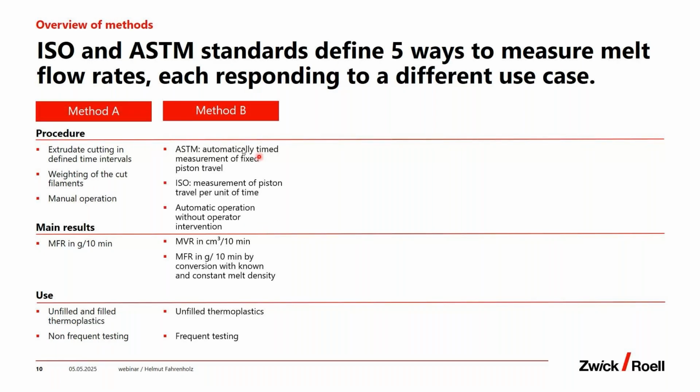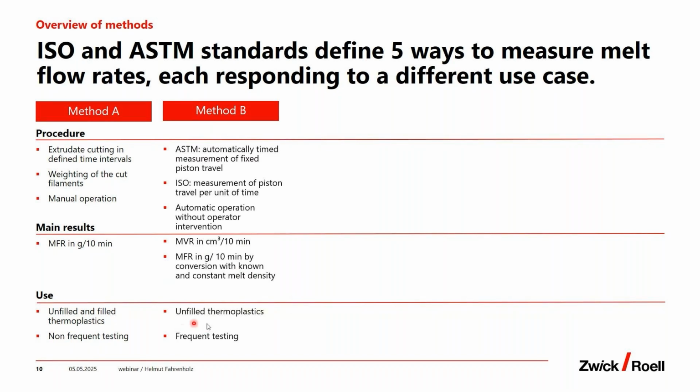And here the big advantage in method B is that the operator can start the machine and the machine can do everything until the end of the test. That means the operator just comes back for cleaning at the end of the test. The result you get out of this is the MVR in cubic centimeter per 10 minutes, and you can do the conversion.